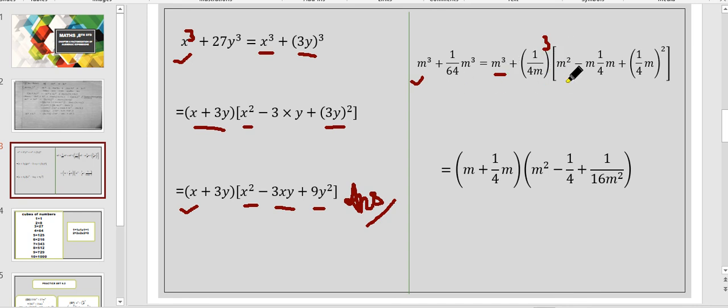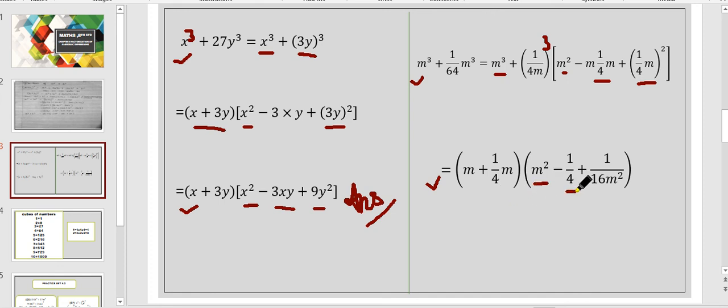Then the large bracket will open, m square minus ab, that is m into 1 by 4 m, plus b square, 1 by 4 m the whole square, this will be your b, right? And after that, m plus 1 by 4 m is a plus b, and a square will be m square.